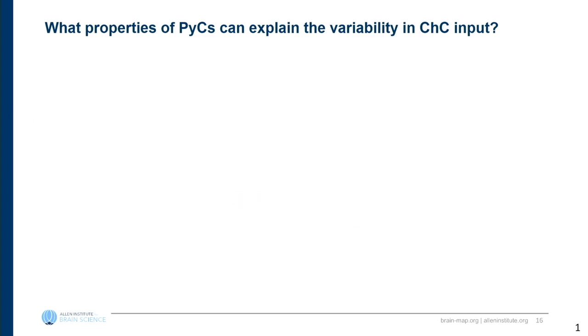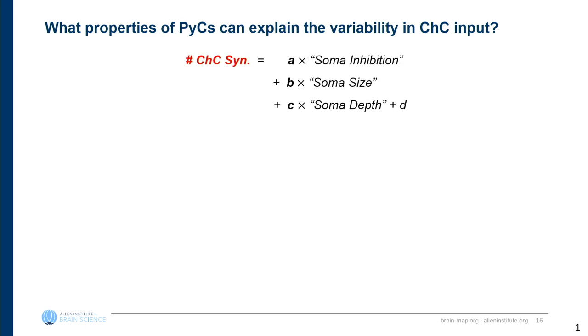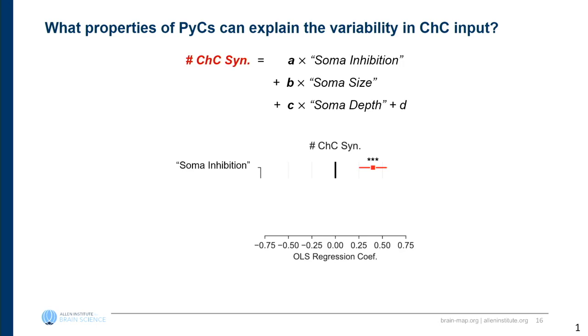So now the question is, do these 3 structural measures have anything to do with the amount of Chandelier inhibition the cell is receiving? The simplest approach to this is just ordinary least squares, right? Is there a linear relationship between these values? So I can fit this to the data, and I can express these coefficients in this horizontal plot.